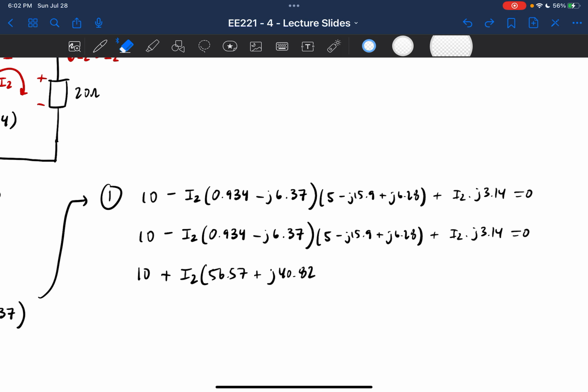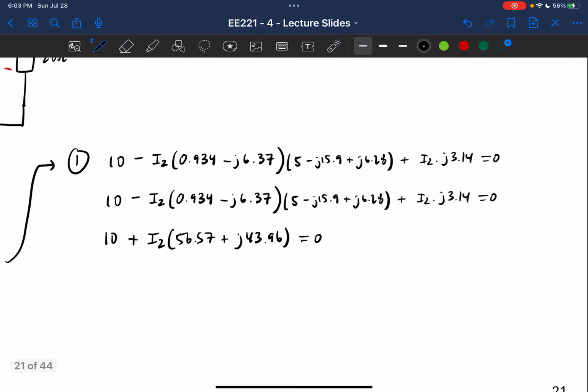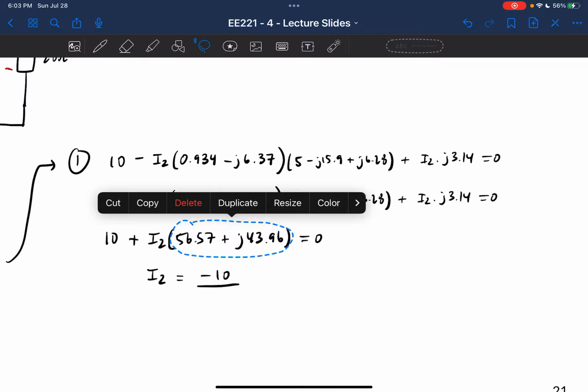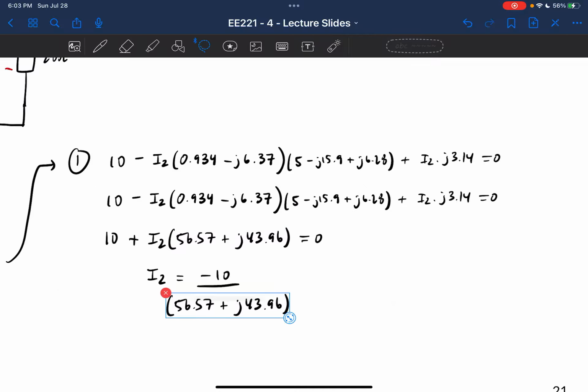So that's going to be 43.96 instead, and that's equal to 0. And so now I just need to say that I2 is equal to negative 10 divided by this term here, just like that. And let's see what that comes out to.